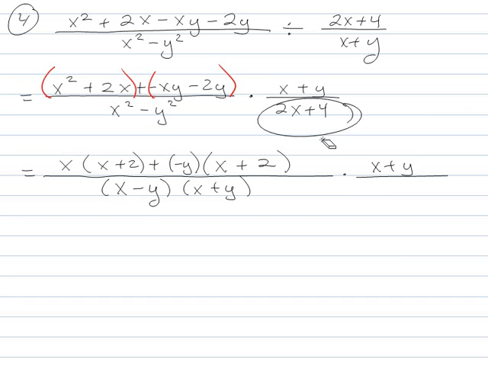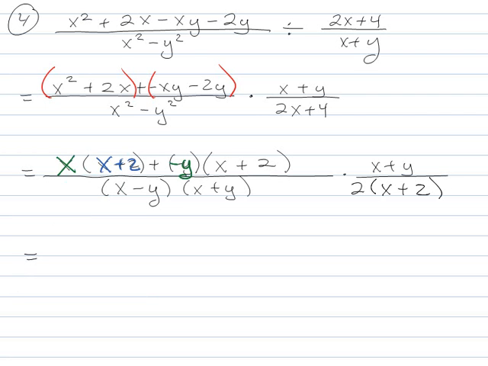On the bottom, 2x plus 4. I factor a 2 out. And good to go. Again, it's one of those things, if you don't learn factoring, you're pretty much done until you learn it. You just have to keep going back until you really get good at your factoring. So here on the top, remember I have x times x plus 2 minus y times x plus 2.